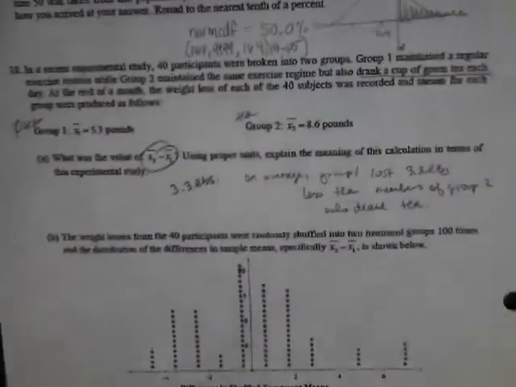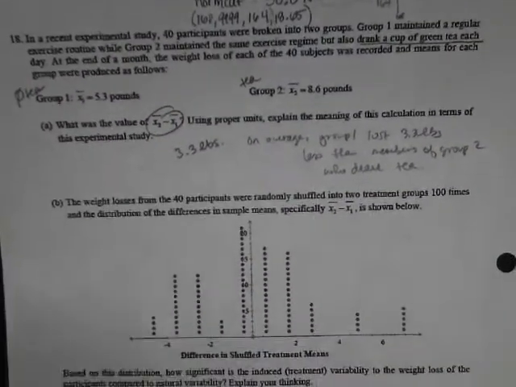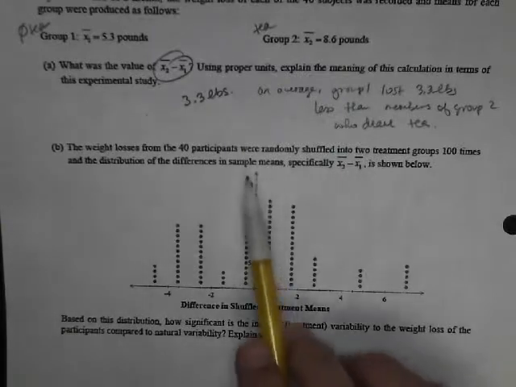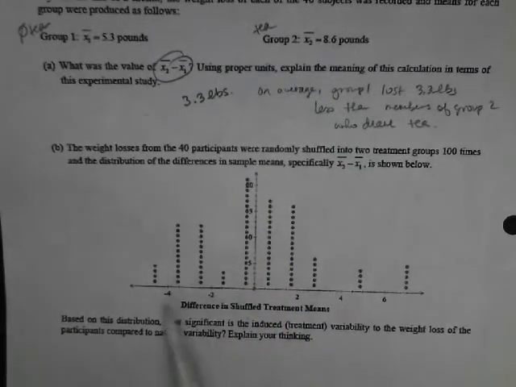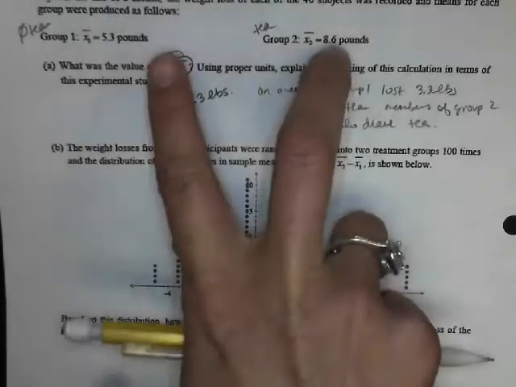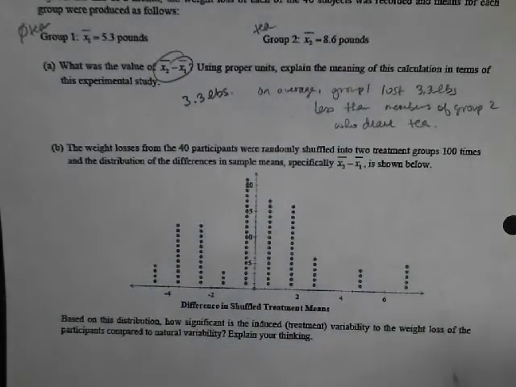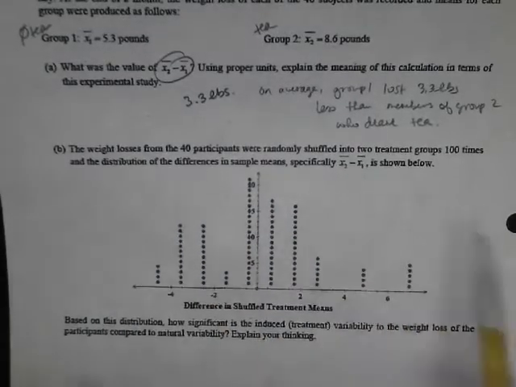Nothing overly creative there. The weight losses from the 40 participants, so now we're taking all the 40 participants and we're randomly shuffling them into groups, separate groups, and recording the difference over and over and over again between the groups. And this is what happens when they're randomly split, not split according to tea or no tea.